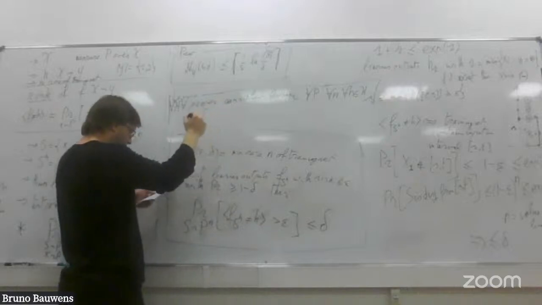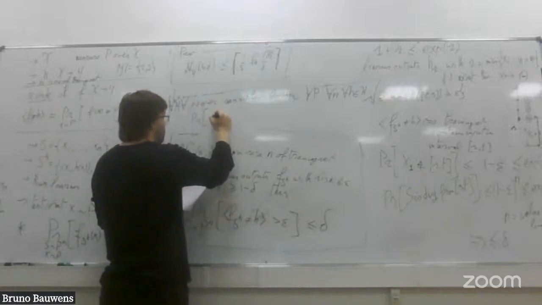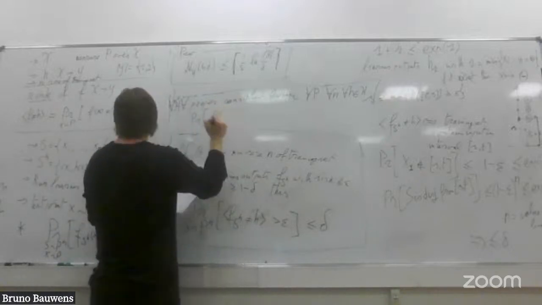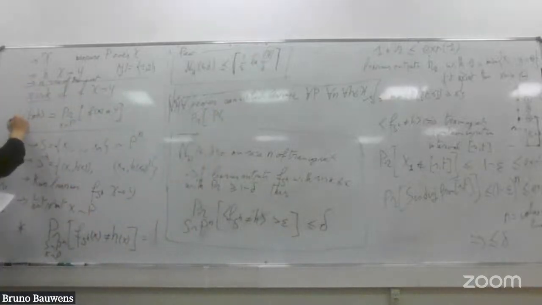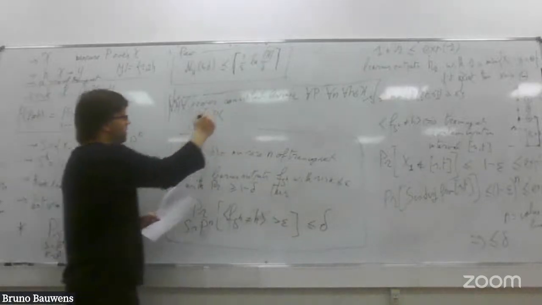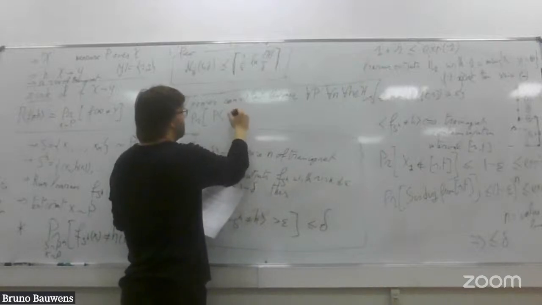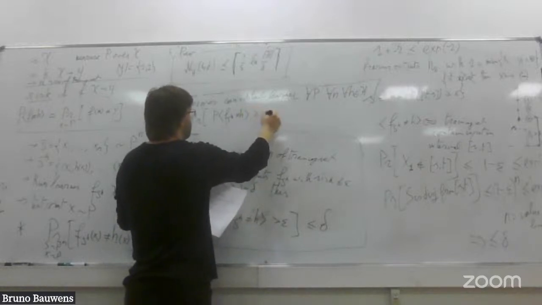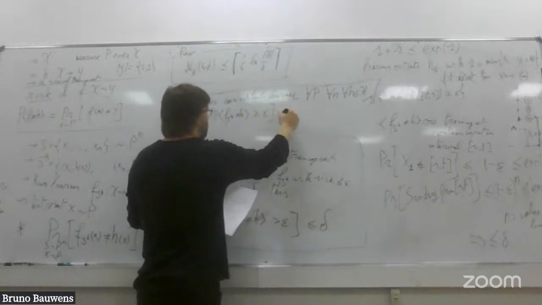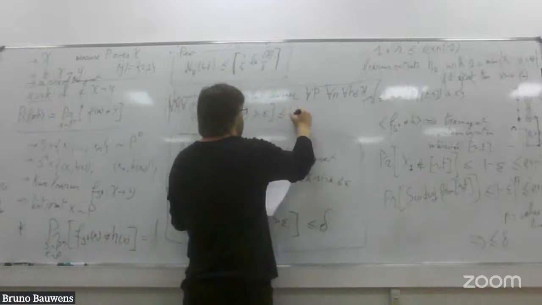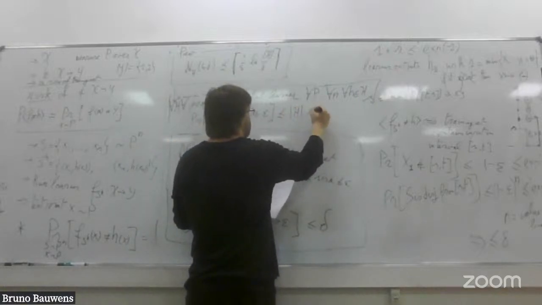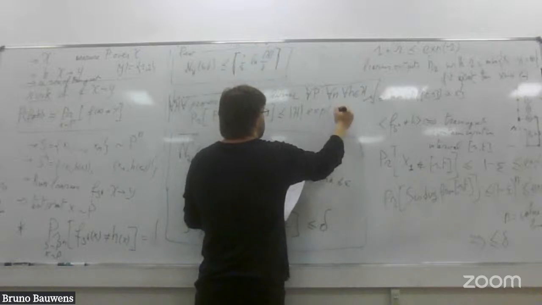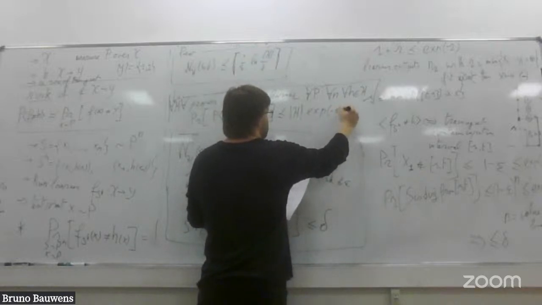The probability that the output has risk larger than epsilon is at most |H| times exponent minus epsilon n.